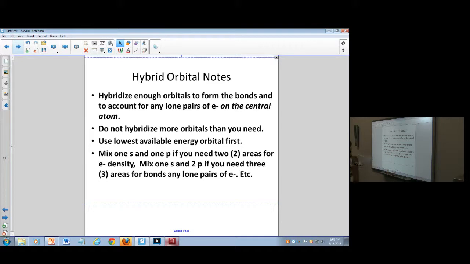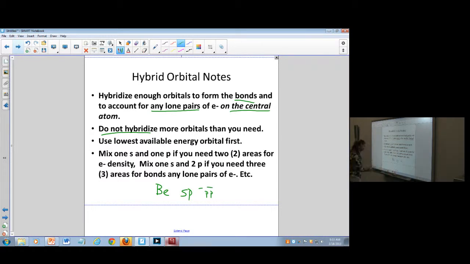A couple of rules, all right. Hybridize enough orbitals to form the bonds and to fill in any lone pairs of electrons on the central atom. You do not hybridize any more orbitals than you need. Remember when we did beryllium, we got an s and a p orbital, and then there are two p's out here that we didn't do anything with.